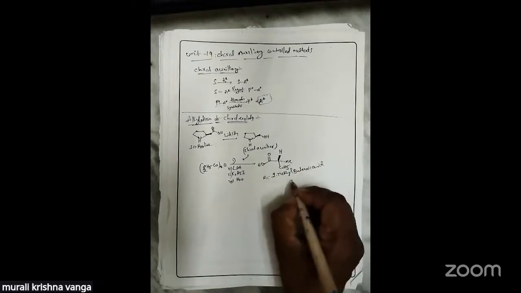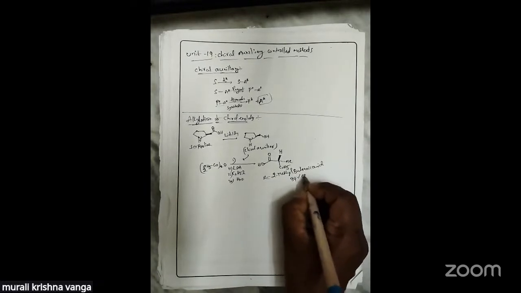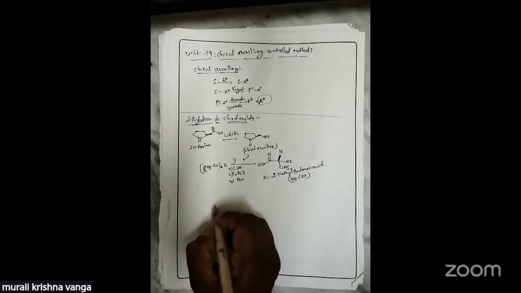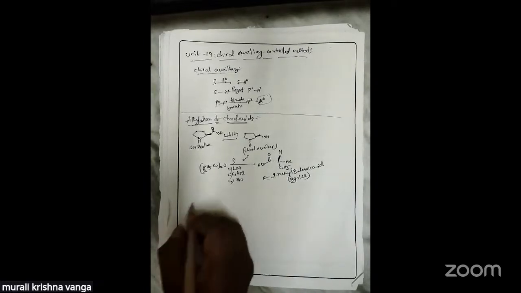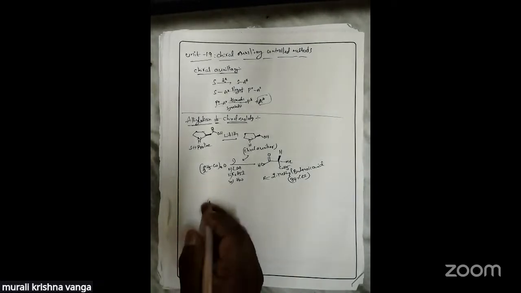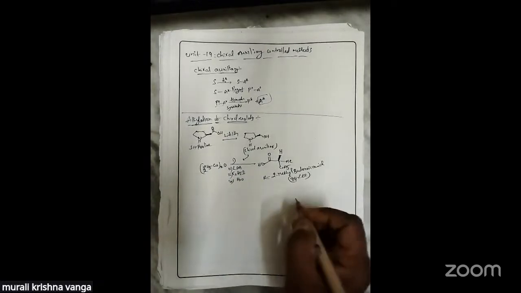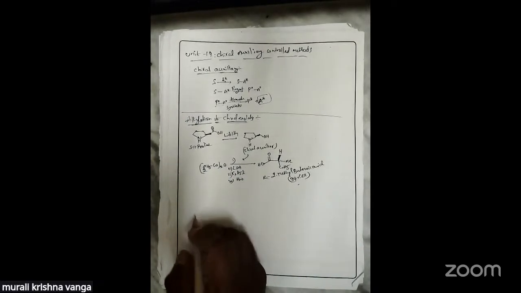So it gives 84 percent enantiomeric excess. When this is in the presence of the chiral auxiliary, it gives 84 percent enantiomeric excess.